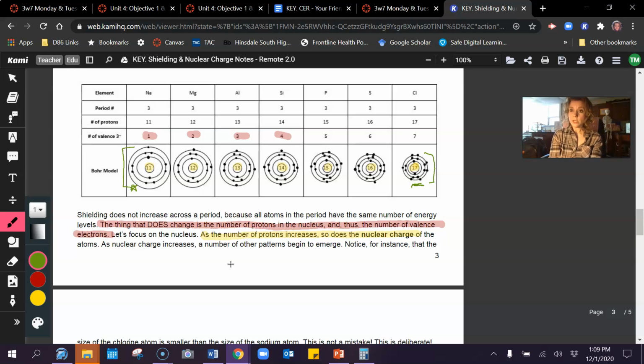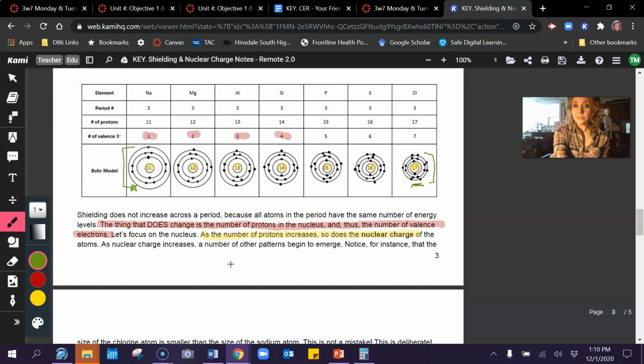Now, one thing that we talked about in our shielding video is that atoms that have more shielding are going to have their valence electrons further away from the nucleus. That's what we see in families. In periods, atoms that have a bigger nucleus are going to have valence electrons that are closer to the nucleus.